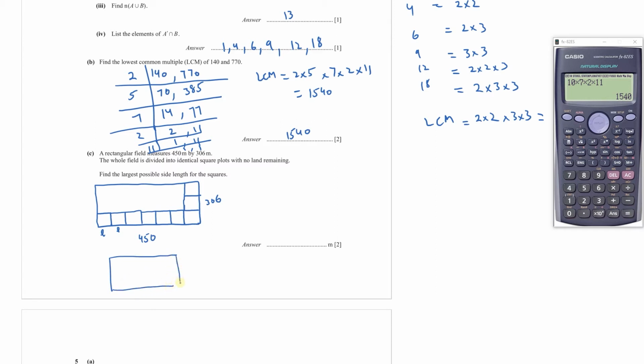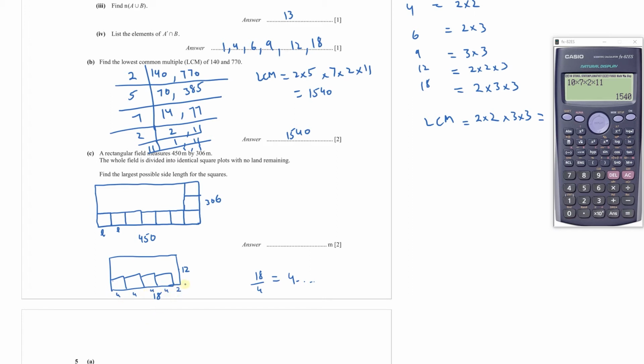So if you have one length is 12 and let's call this 18 and this length 12. So if I take, let's say, length on this side as 4, what is 18 divided by 4? It is 4 times 4 is 16, 4 point something, right? So I'll have 1, 2, 3, 4 boxes, 4 plus 4 plus 4 plus 4, which is 16, right?